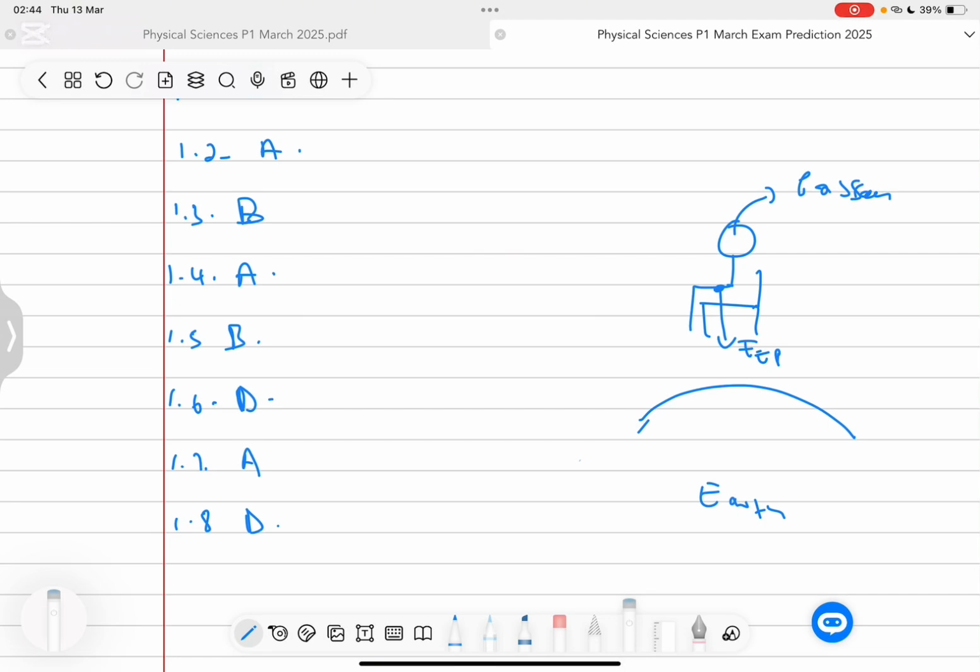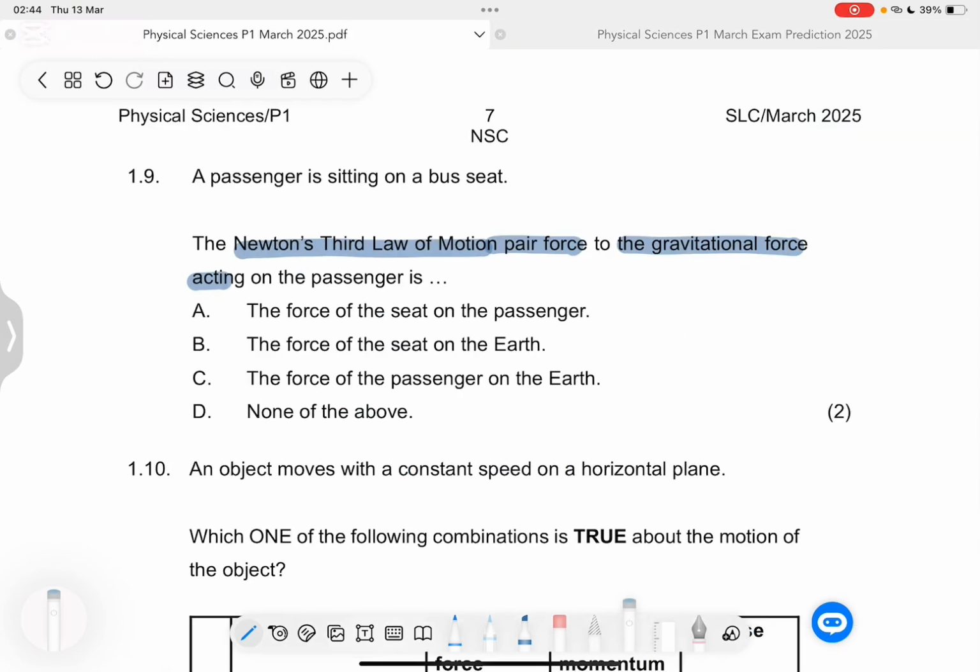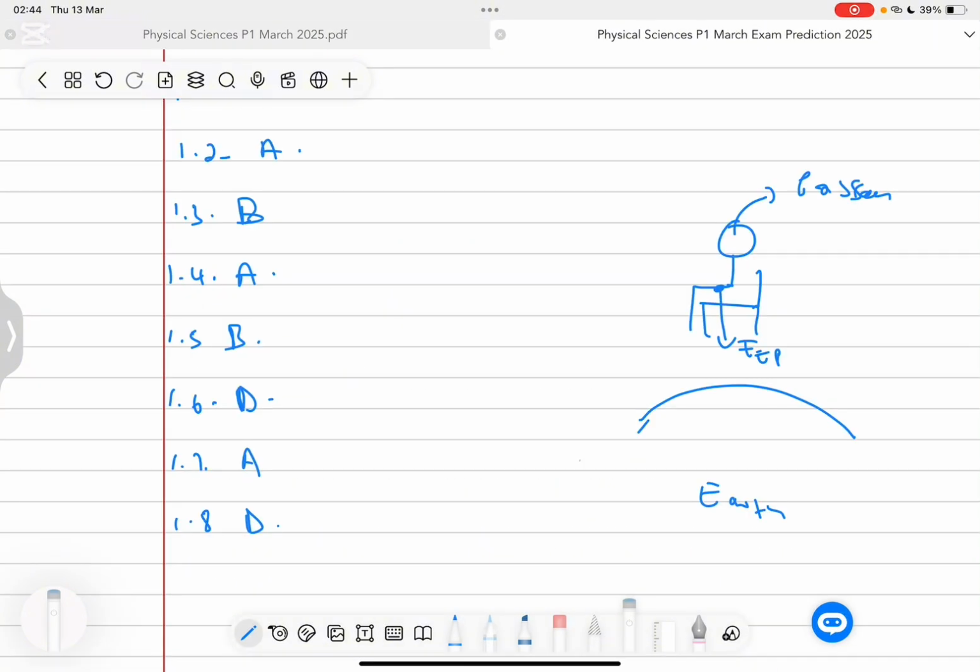Now, if we want a pair that goes with this force, the Newton's third law pair, it will be a force that should have the same magnitude but point in the opposite direction. We know that Newton's third law says that if the Earth exerts a force on the passenger, the passenger should also exert a force on the Earth. In other words, the passenger will also attract the Earth with a force that has the same magnitude as this force but points in the opposite direction.